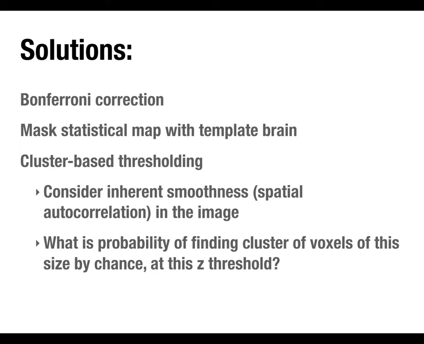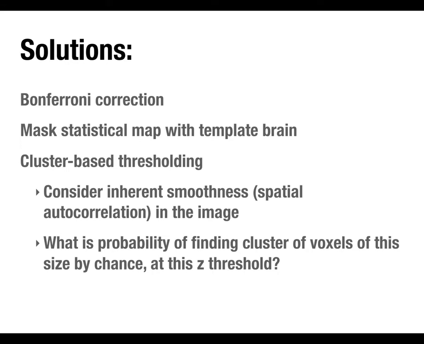But we can't just arbitrarily say any cluster over 20 voxels in size, we'll call that significant, because that's just pulling things out of the air. So the idea here is saying, okay, if we just take the image and by chance randomly pushed values into this brain image, applied this threshold and looked for clusters, what is the probability of finding a cluster of 20 voxels just by chance in a random noise image? What's the probability of finding a cluster of 100 voxels by chance?